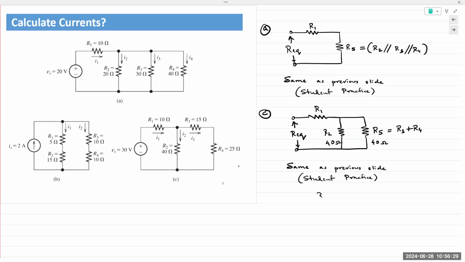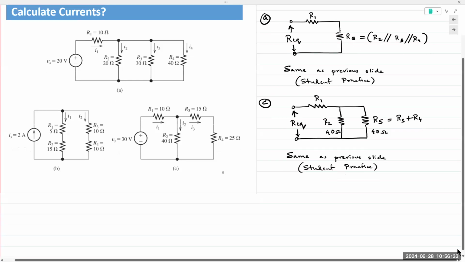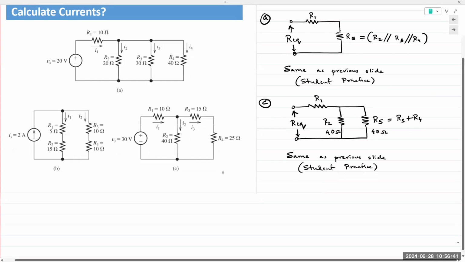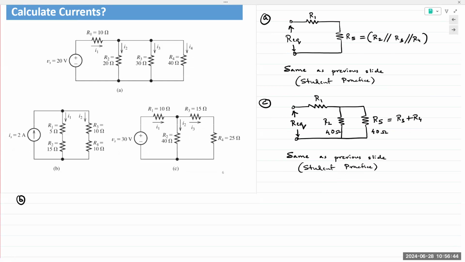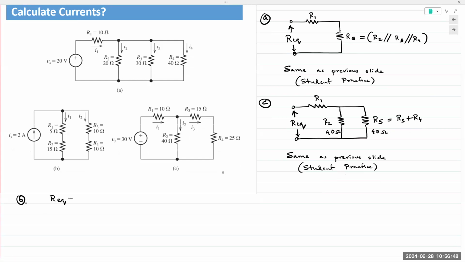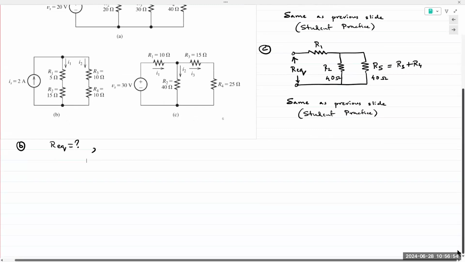Let's talk about B. First thing about B is that it's a current source, but the procedure remains exactly the same. Okay. Procedure doesn't change. We find Req. And in this case, instead of finding the current, we now find the voltage across those resistors.